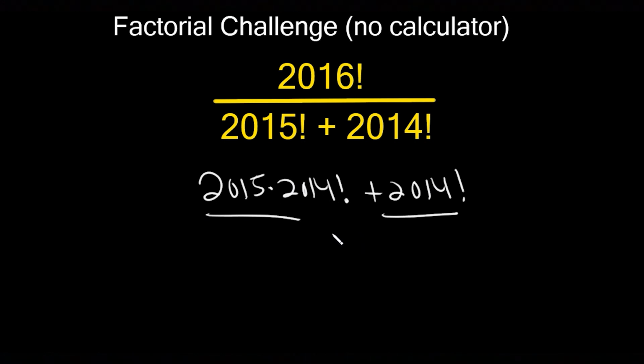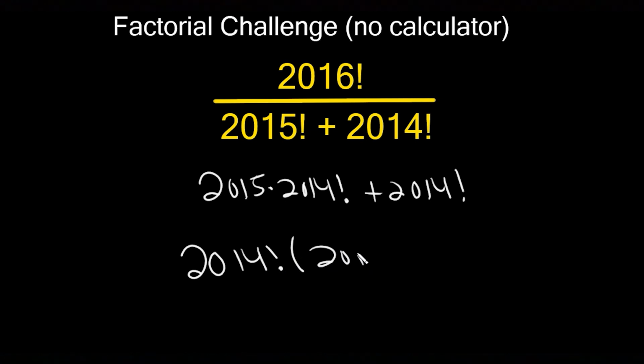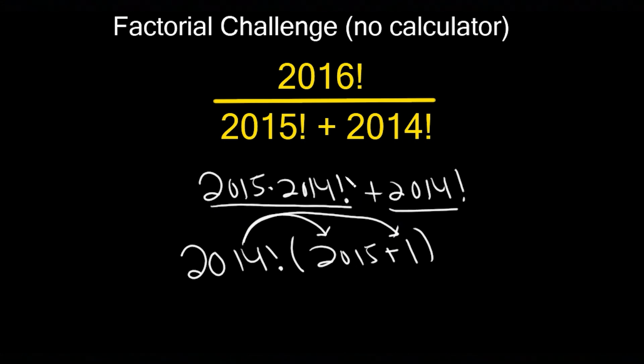They have a 2014 factorial in common. So I can go ahead and factor out a 2014 factorial, and then I'll have in parentheses 2015, right, plus 1. If you distribute the 2014 factorial here and also here, you should get what we have here and here, and you do, okay?